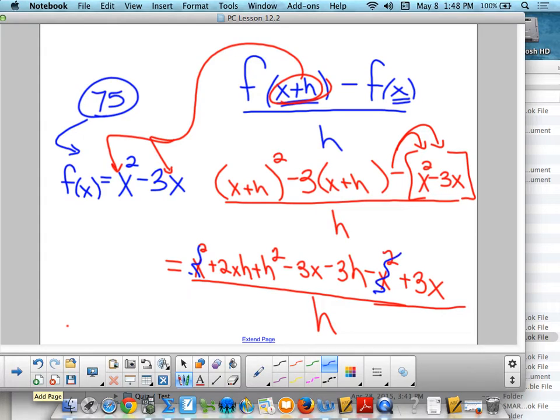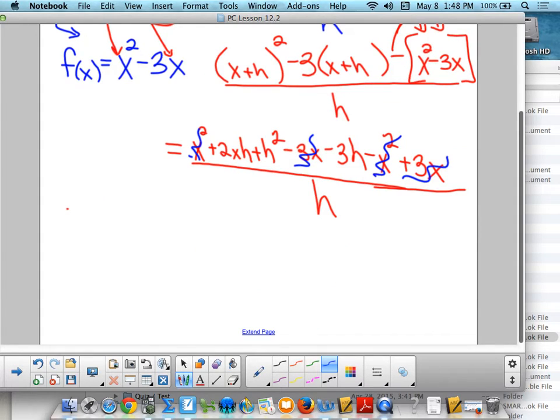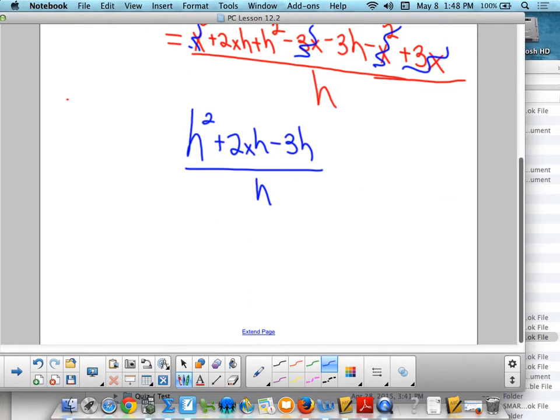Take out that x squared. 3x, take away 3x. Is that it? Yeah, that's it though. This is an xh term. This is an h squared term. This is just an h term. You're not done, but you're done wiping things out. I'm going to put h squared first, highest power. Then I'll put plus 2xh minus 3h over h.